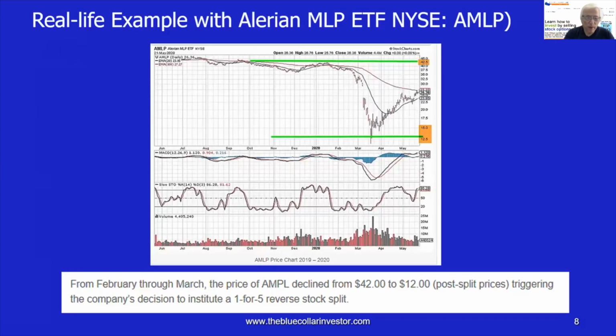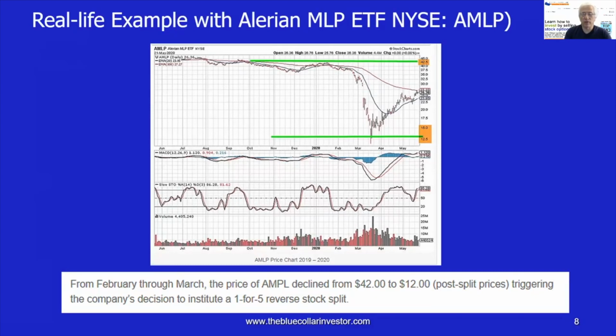Now, back in March of 2020, we're going to look at a real-life example of the Alerian MLP ETF, which trades on the New York Stock Exchange under the ticker symbol AMLP. And we could see there was a huge dive in the price from 42 down to 12.